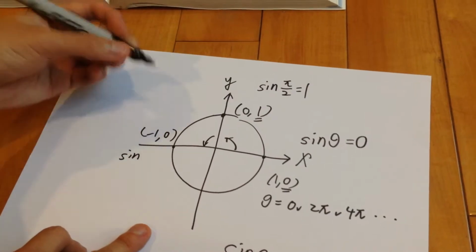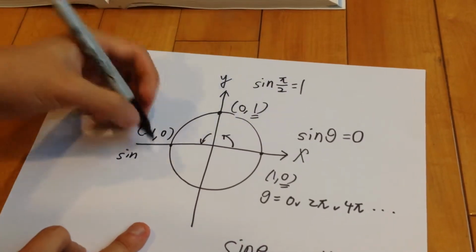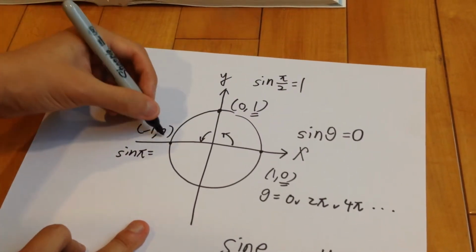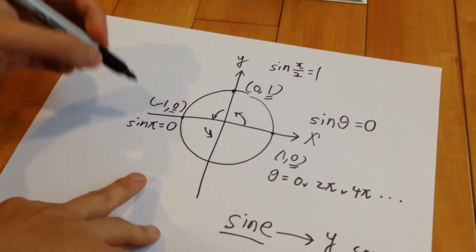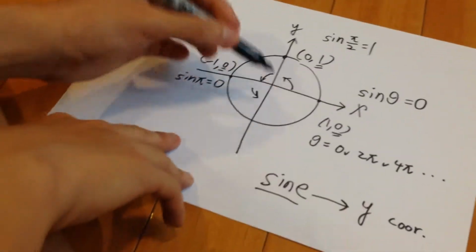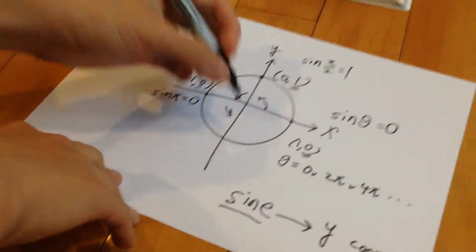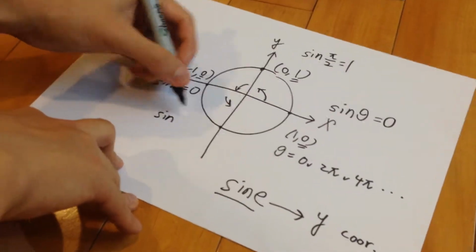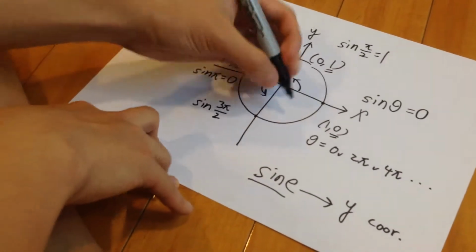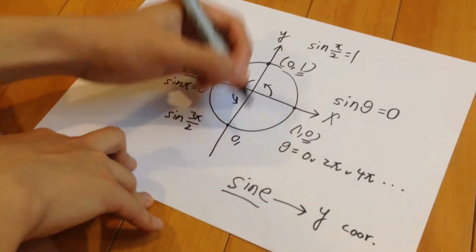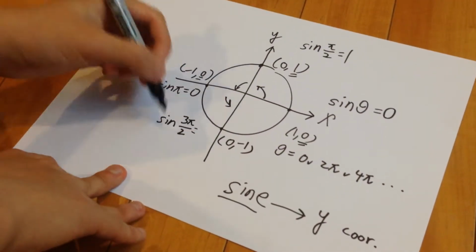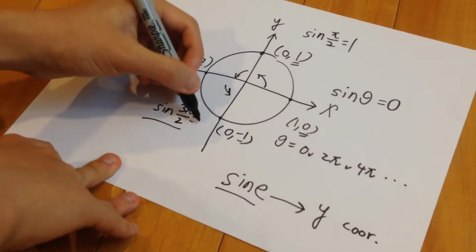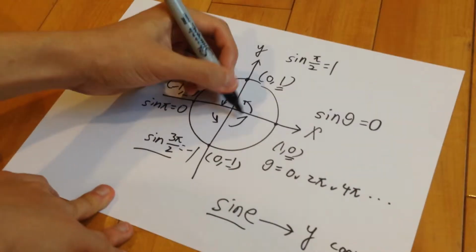So sine of pi over 2 plus half pi would be 0. Nice, you're learning. So moving on another half pi, we now come to 3 pi over 2, and the coordinate here is 0, negative 1. So this would be negative 1. Nice. And then we come back to 0.